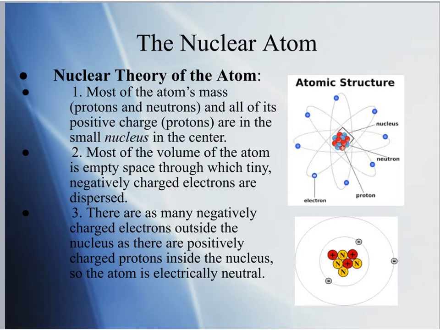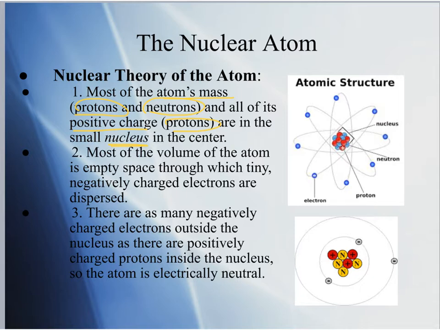So from the nuclear theory of the atom, we know that most of the atom's mass comes from the protons and the neutrons, and all of its positive charge, because of the protons, is in the nucleus. So the nucleus is this very dense positive center.